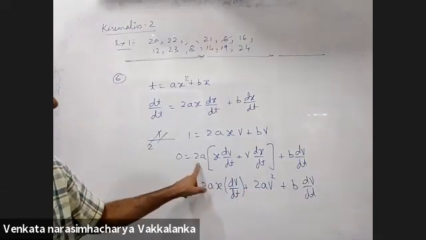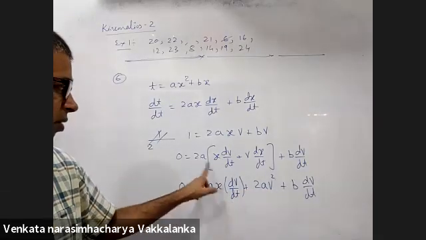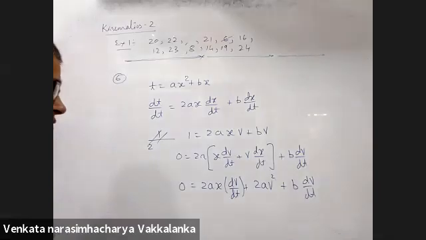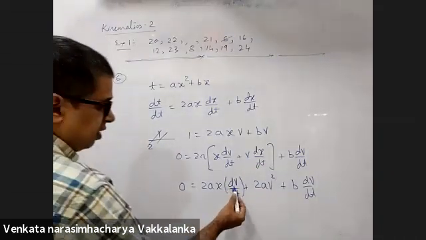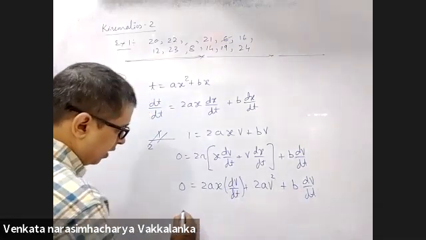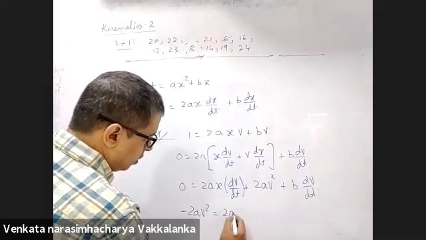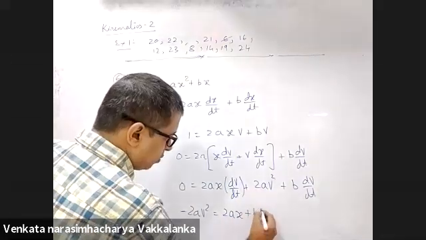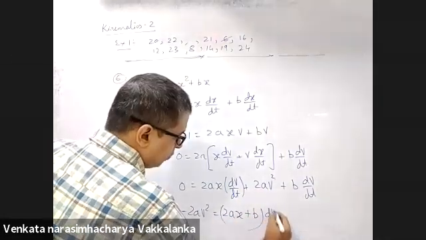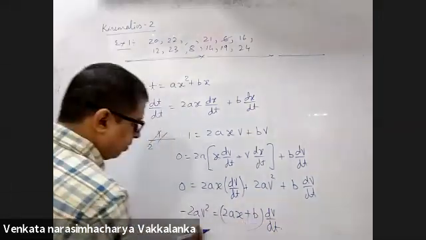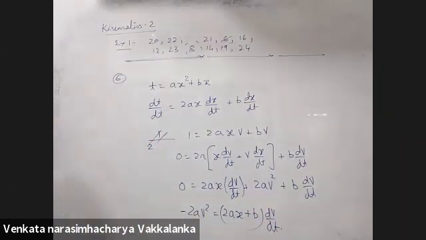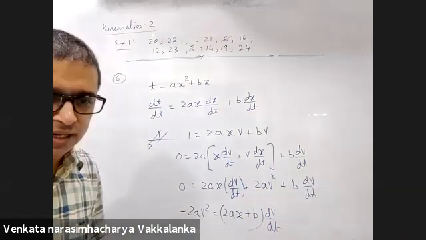I opened up this bracket. 2a into x into dv by dt, 2a into v square plus b dv by dt. You are asking me for acceleration. Put both into one bracket. Minus 2a v square, I brought this to the left. (2ax plus b) into dv by dt. Bring this to the denominator and adjust the variables in terms of b and x.